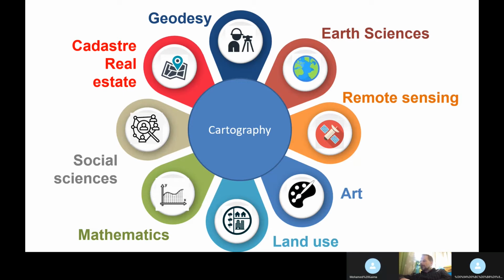All this work concerning real estate needs geospatial data to calculate, for example, the area of a land parcel and how much one should pay to the government for use of this part of land.